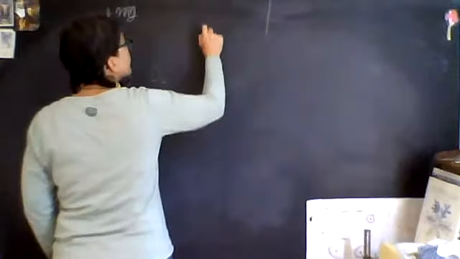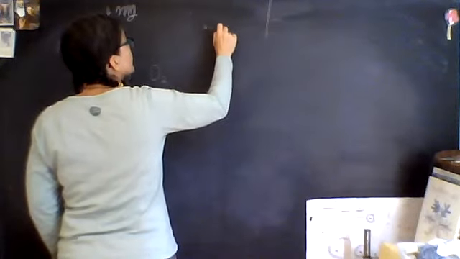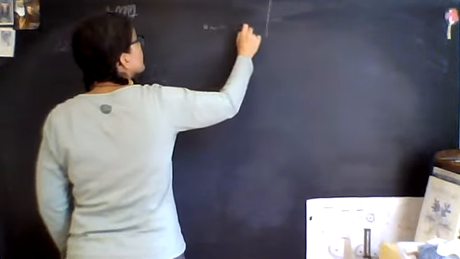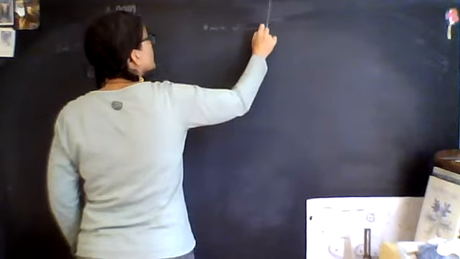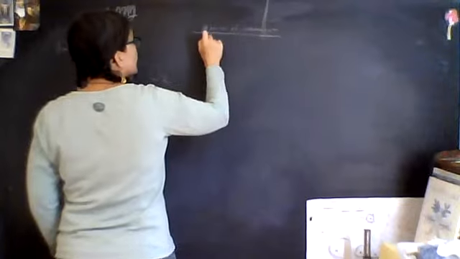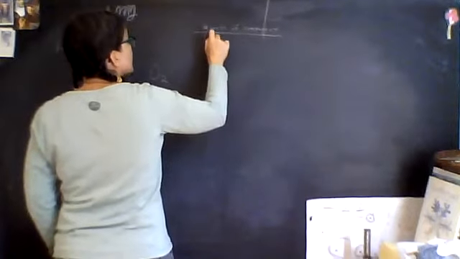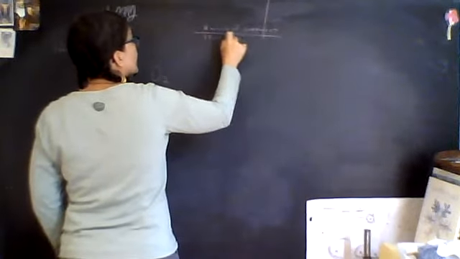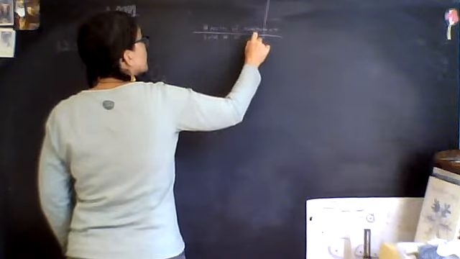What is the mole fraction of each component in this mixture? Let's look on page 399 where they explain what a mole fraction is. The mole fraction is the number of moles of the component over the total moles in the mixture.